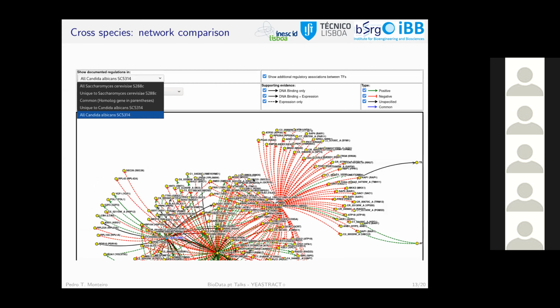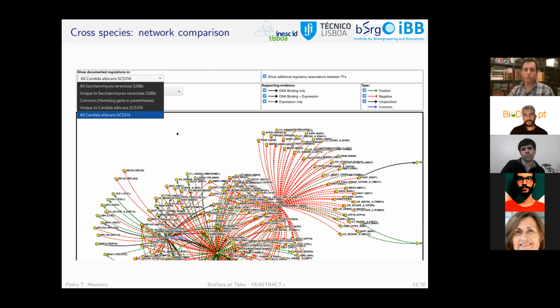So with this, now we can do cross-species network comparison, which, for example, we can see if we focus on a given process. So we have a set of at least one transcription factor, or a set of transcription factors, and their target genes according to some environmental condition.